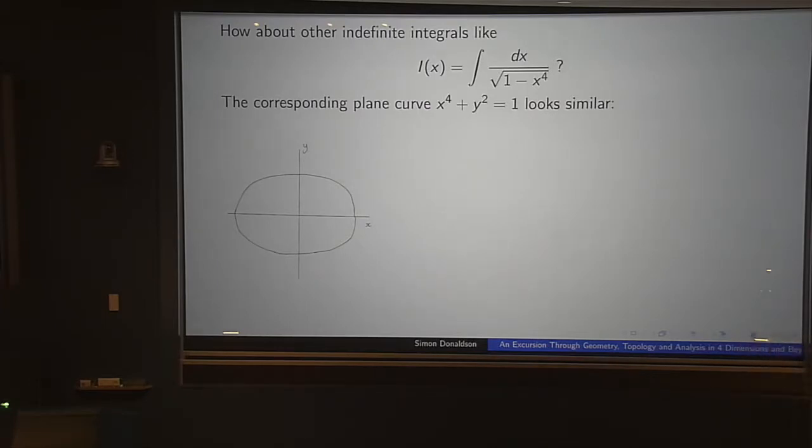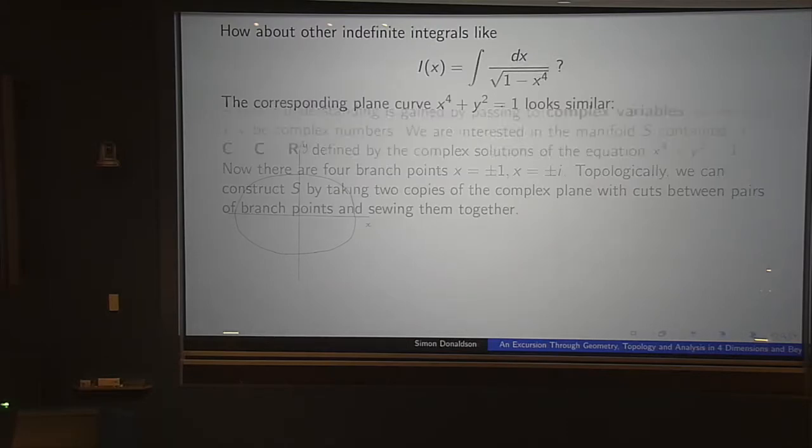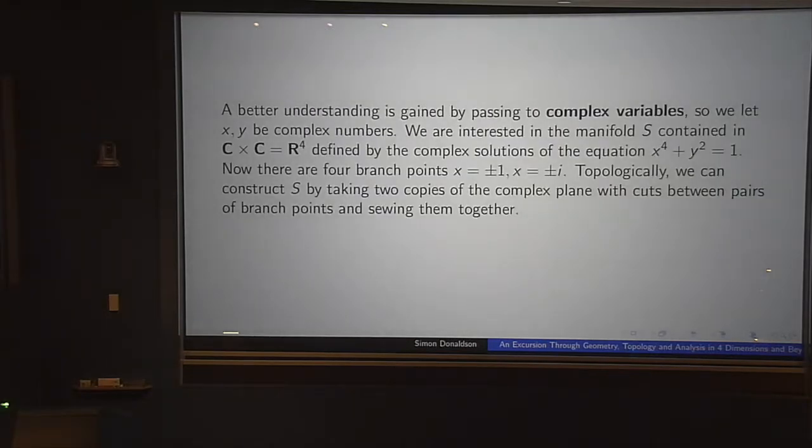So this is where the complex numbers come in. This was a big, exciting realization in the 19th century that if we go to complex numbers, then the picture becomes much easier to understand. So rather than taking this equation x to the 4th plus y squared is 1 with real numbers x and y, we let x and y be complex numbers.